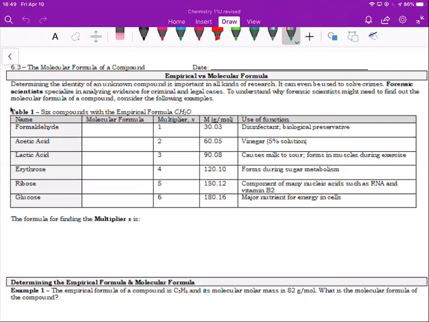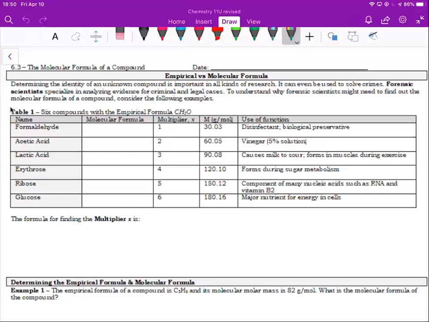Just 6 elements. So I remember the acronym CHOPSIN: carbon, hydrogen, oxygen, phosphorus, sulfur, and nitrogen. Just those 6 elements make up a large part of our body. Most of the molecules, the enzymes, things like that.